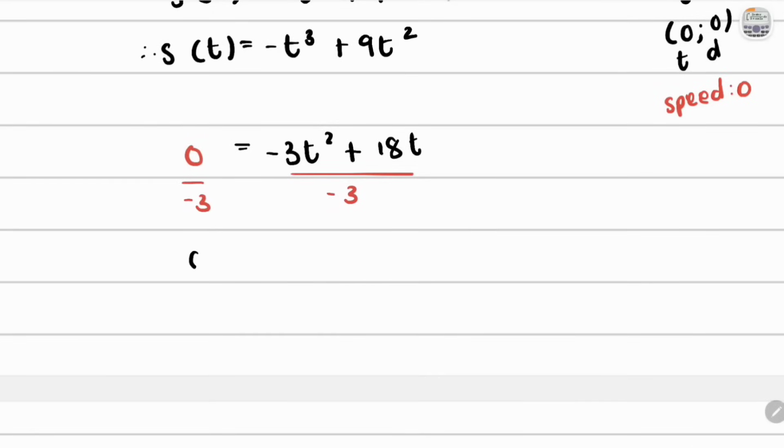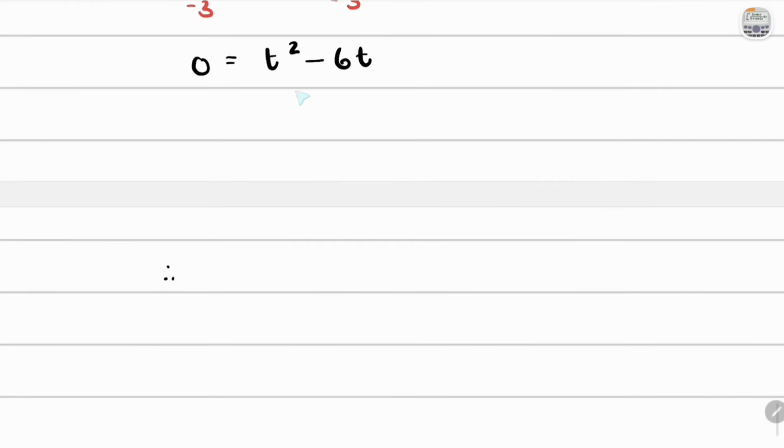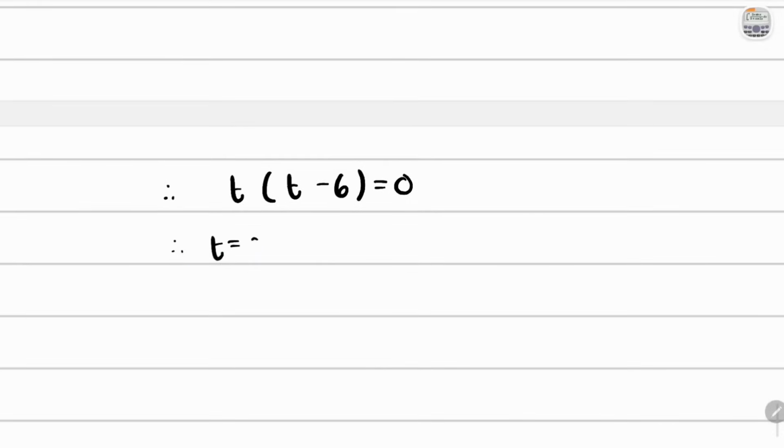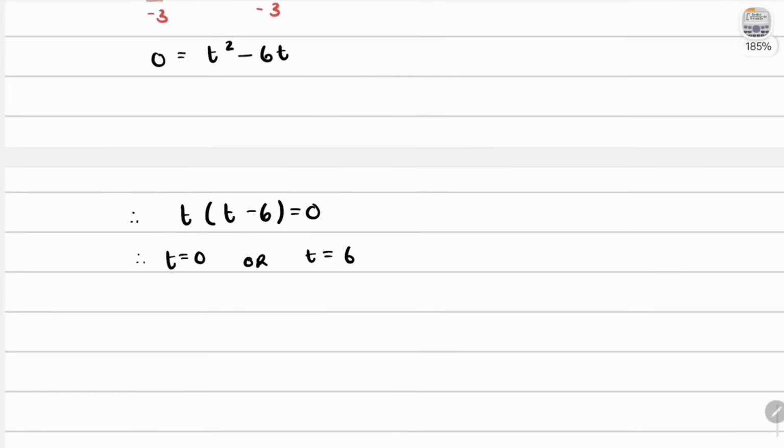And now we'll have 0 equals, and this is now positive t squared. And 18t divided by negative 3 would be negative 6t. And so therefore, you can take t out as a common factor, and then you would have t minus 6 is equal to 0. And therefore, this means that t is equal to 0 or t is equal to positive 6. And this makes perfect sense.